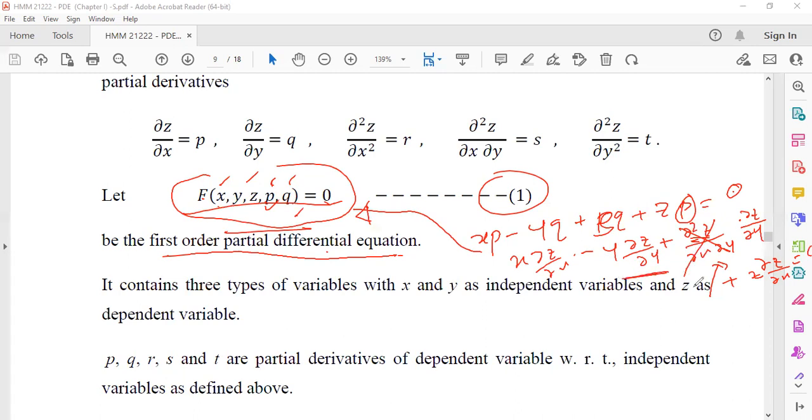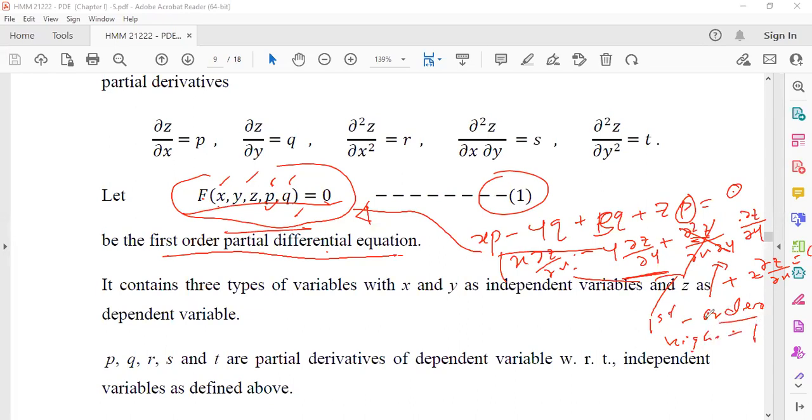What is the order of this equation? Can you tell me? What is the first order equation? First order means the highest derivative is the first order.